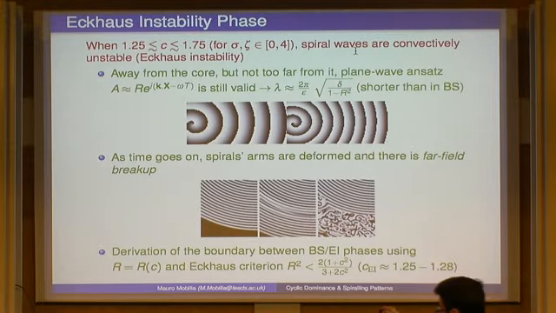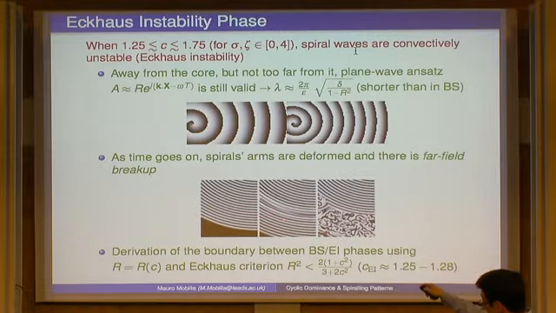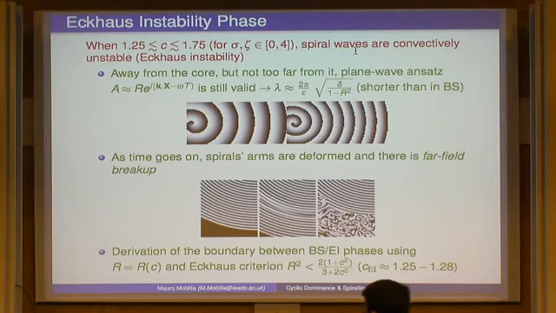But away from the core, as the instability is carried away, what happens is, so that's the same system for different times, right? And as time goes on, you see the instability is carried away, and then there is a far field breakup away from the core, right?